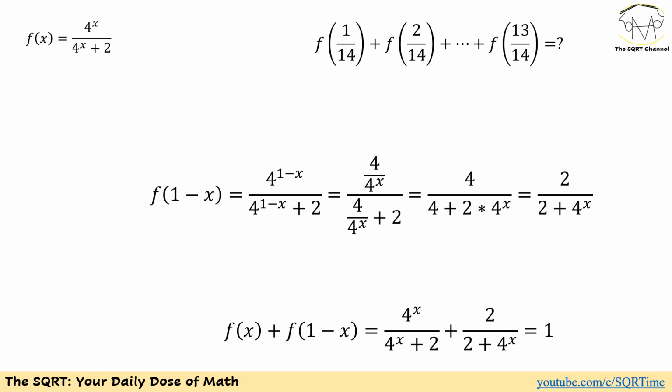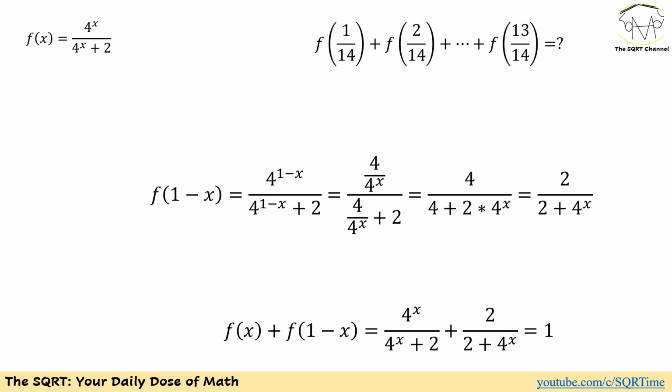We're going to start with replacing x with 1 minus x. The rest is going to be easy. We have 4 to the power of 1 minus x, and we have also 4 to the power of 1 minus x plus 2 in the denominator. As you can see, 4 to the power of 1 minus x can be written as 4 over 4 to the power of x.